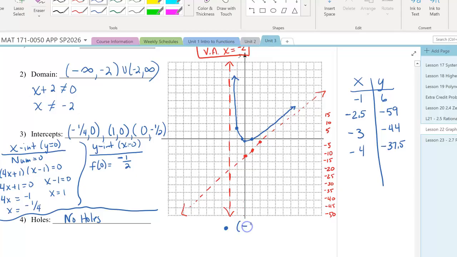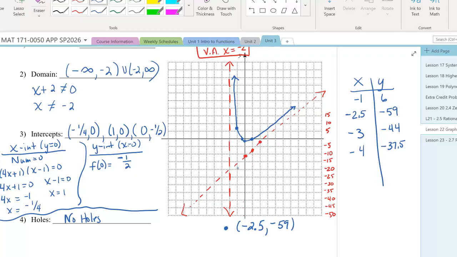And remember, with points that aren't on the coordinate plane, you do need to list their coordinates so the reader knows what they are. So sorry, this was -2.5, -59. Then we had -4, I'm sorry, -3 was -44.